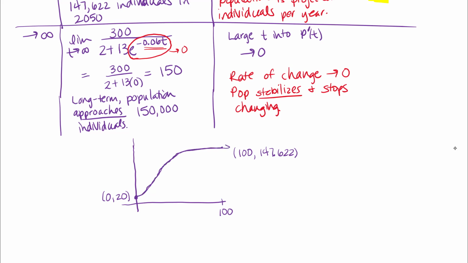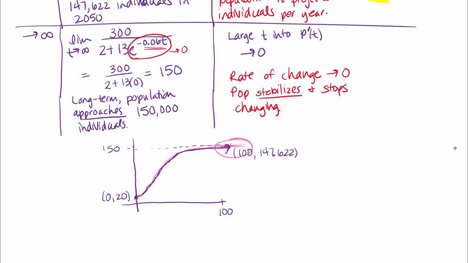As t grows larger and larger, you'll see a horizontal asymptote at 150. The graph is getting very, very flat there. The slopes of those tangent lines as you go out there are approximately 0, so there's an approximately 0 rate of change as you go far out on the right side.